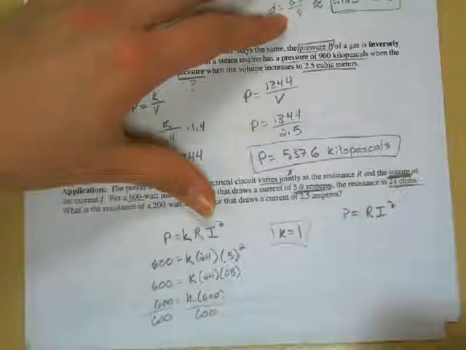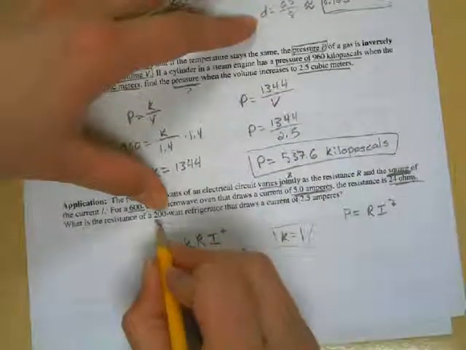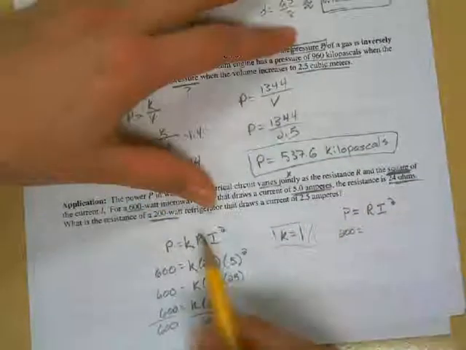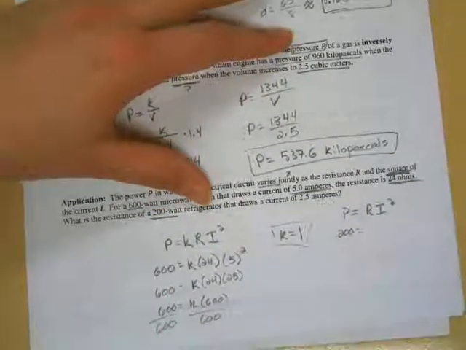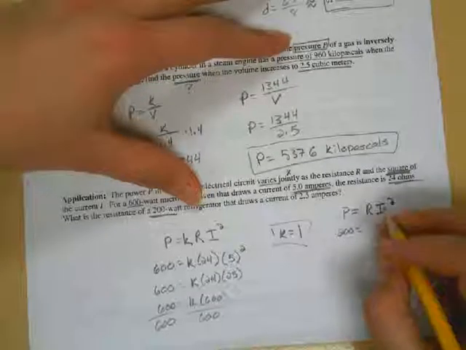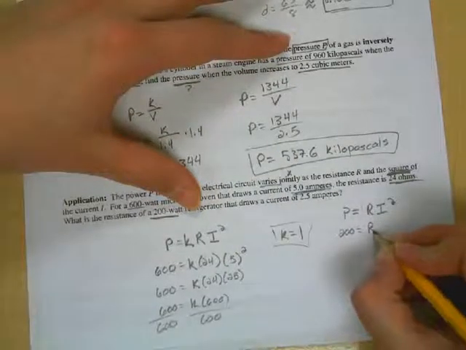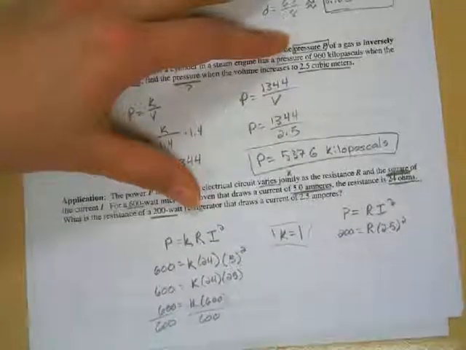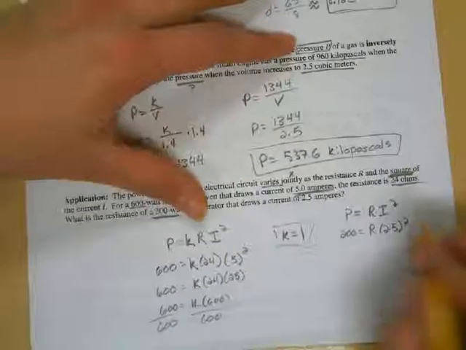So if my new power is 200 watts and I'm drawing 2.5 amps, they want to know what the resistance is. So I'm looking for R, with 2.5 squared. 2.5 squared is going to be 6.25.